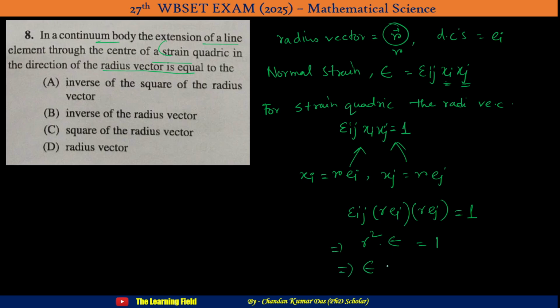So epsilon equals 1 by r square. This is actually the standard result, but you can show it in this way. That means the inverse square of the radius vector, option A. This is a very standard statement, but you can show it this way.